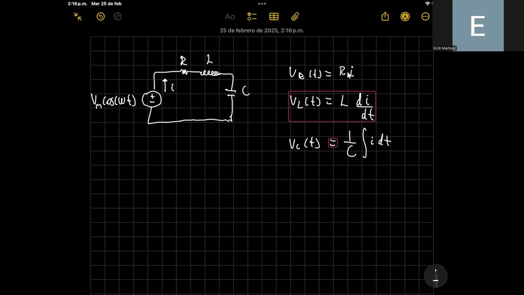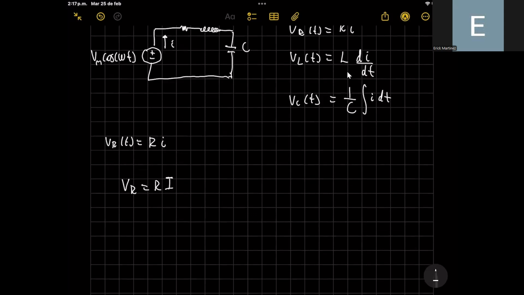Now imagine that I want to express the voltage and current relationships of the elements of this circuit by using phasors. For the voltage of the resistor, which is equal to the resistance times the current, I can compute the phasor of the voltage, denoted by a capital letter, VR, equal to the resistance times the current I that passes through the resistor.